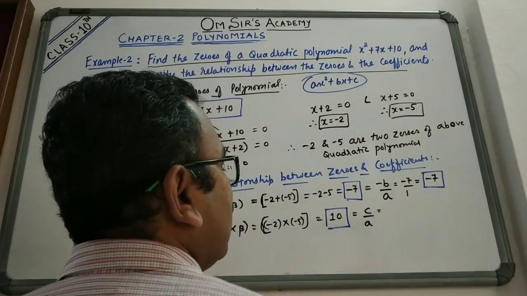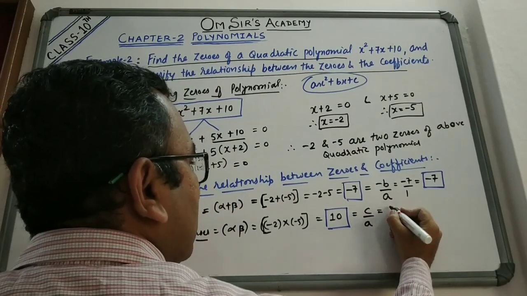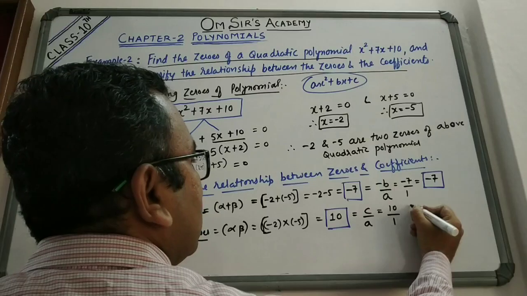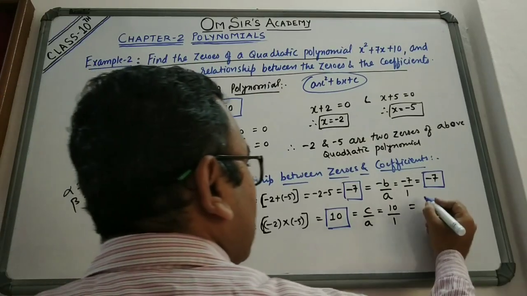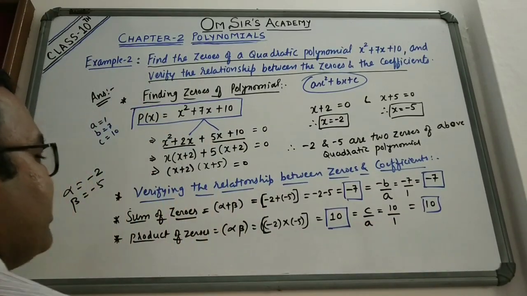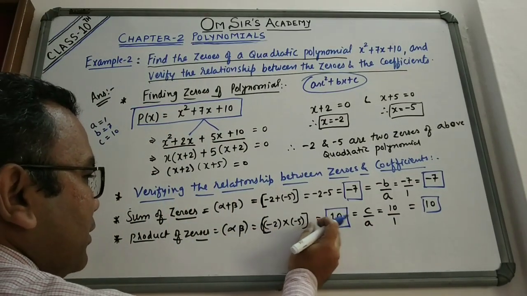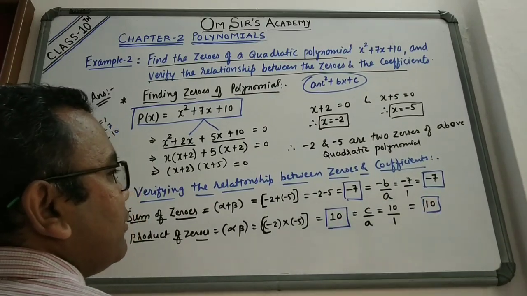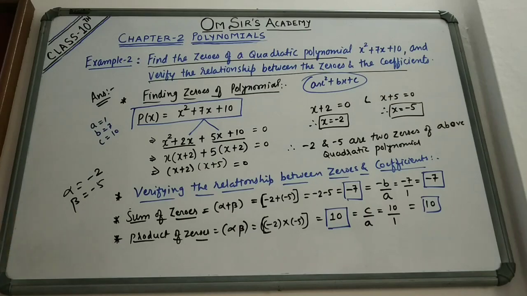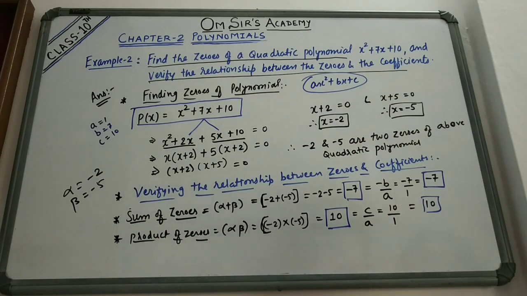Here, due to shortage of space, I am not writing whole. I can write as 10 upon 1, so it is equal to 10. So this 10 is equal to 10. So my product of zeros, that is minus 2 into minus 5, that is 10, is equal to c upon a, that is 10 upon 1, that is equal to 10. So hence in this case my relationship is verified and the sum is over.